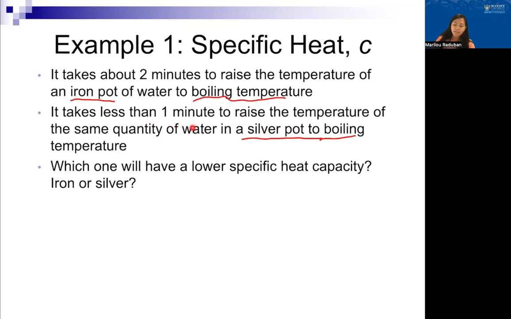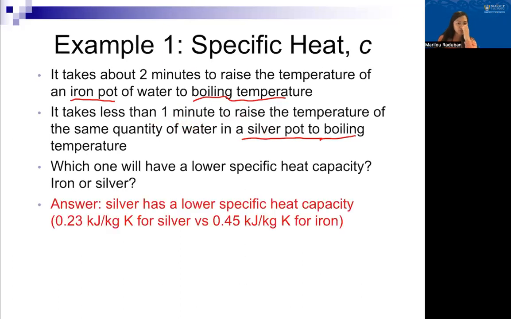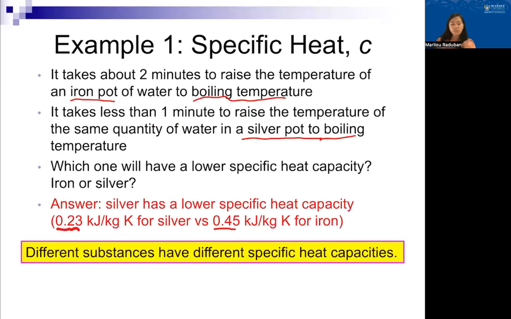You're right, silver will have a lower specific heat capacity, and if you look at the table, indeed, silver has a smaller value for the specific heat capacity. So different materials have different specific heat capacities, and this influences how quickly a material's temperature changes as heat is added to it.